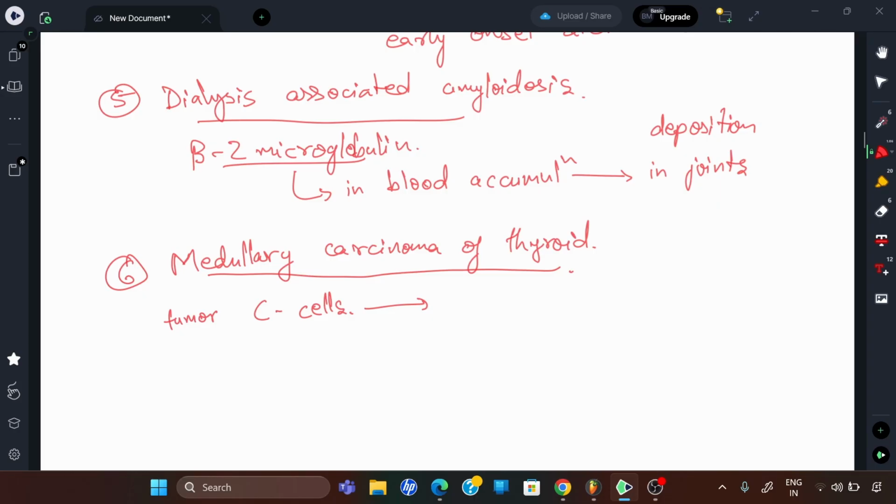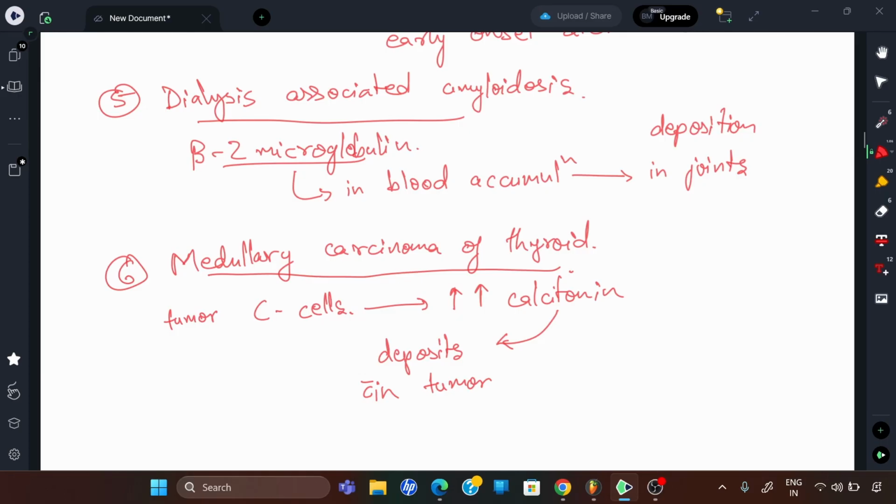Now as there is tumor of C cells, what we will see is overproduction of calcitonin, right? And this overproduced calcitonin, which is a protein hormone basically, will deposit within the tumor itself, right?